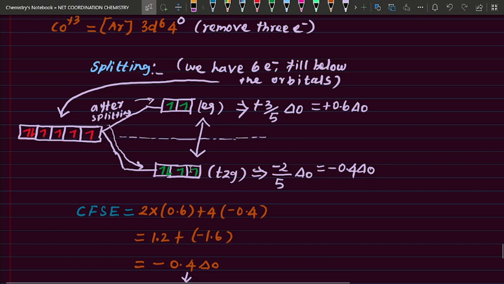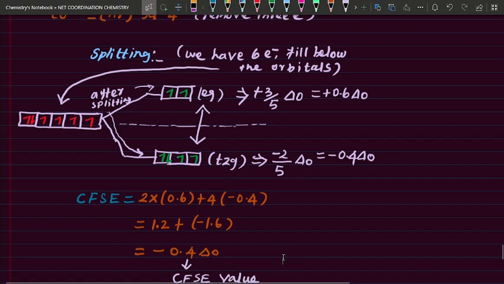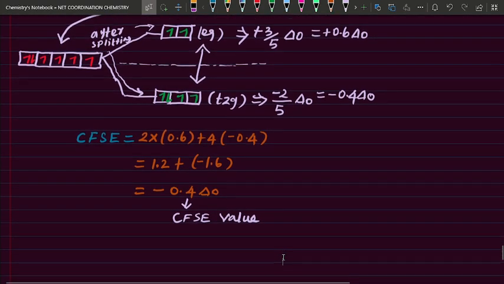So totally 6 electrons. Here the Eg value plus 3 by 5 delta O equals plus 0.6 delta O. See here, at T2g this value is minus 2 by 5 delta O, equal to minus 0.4 delta O. See the crystal field stabilization energy for this complex.